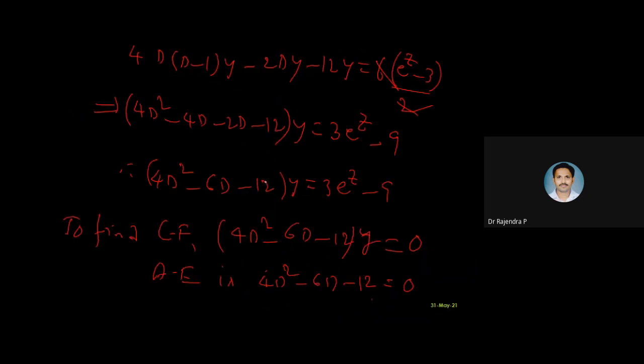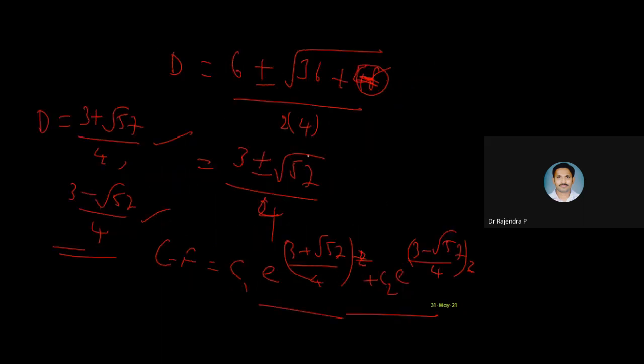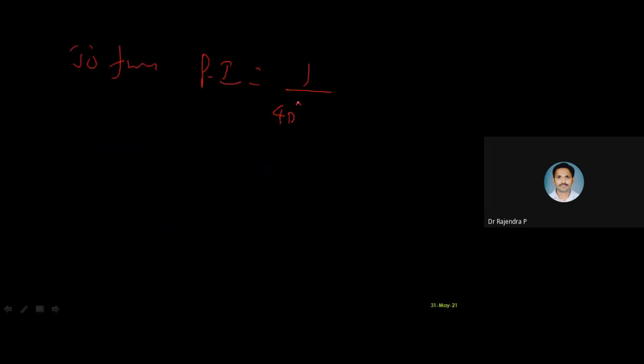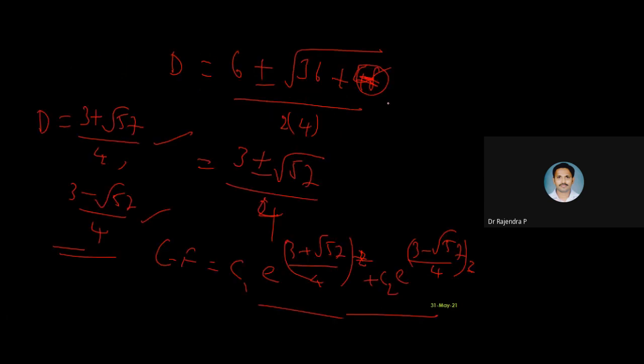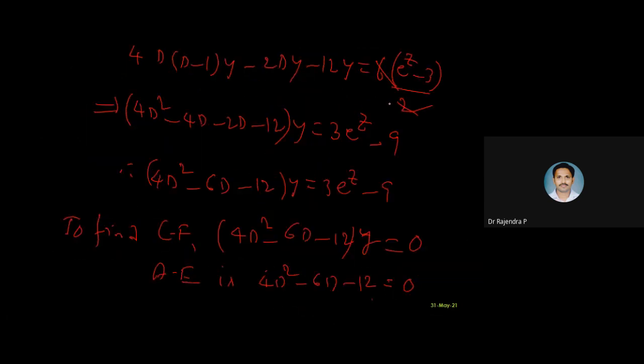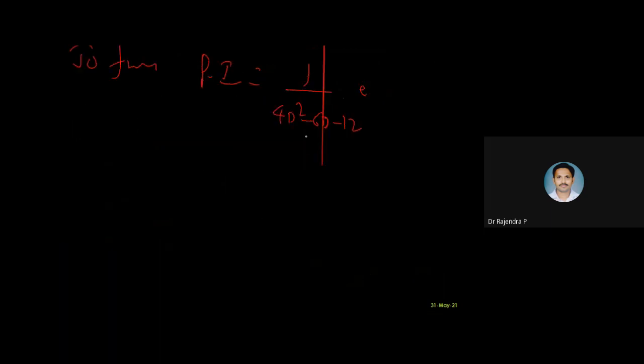Then we'll go for the particular integral. To find the particular integral, PI is equal to 1 by our equation here, 4D square minus 6D minus 12, into this e power, what you got, 3 e power z. 3 times e power z.